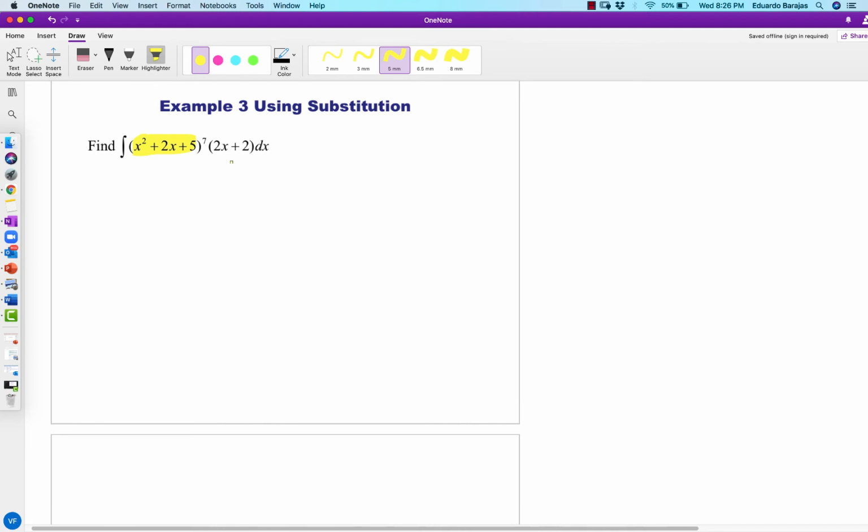So this fits one of our patterns from before. We don't have to use substitution to solve this one, but let's use it here while we already know the answer. Based on recognition of patterns from before, this is pattern 1: some function f of x raised to the power of 7 times f prime of x, and we're trying to integrate that.